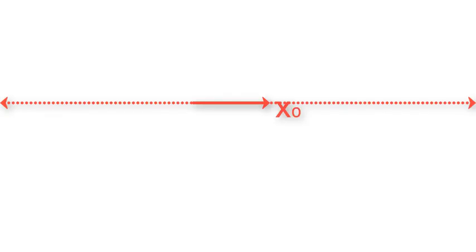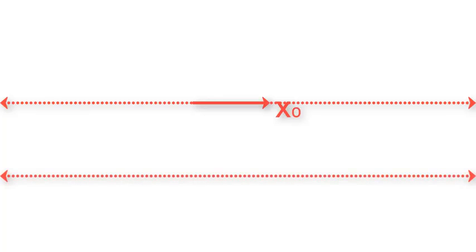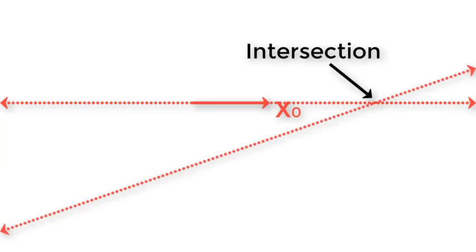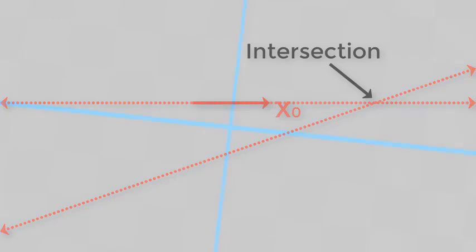Now, if we are drawing lines in 2 dimensions on a plane, there is only one way for two infinite lines to not intersect, and that is if they are parallel. If the two lines aren't parallel, they will intersect somewhere. But when we draw lines in 3 dimensions, that isn't true anymore.